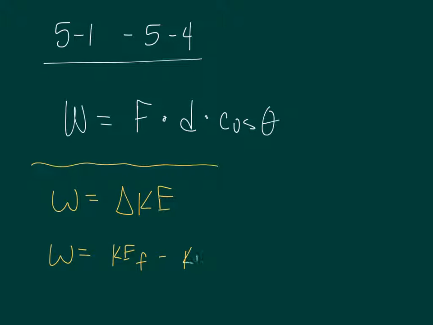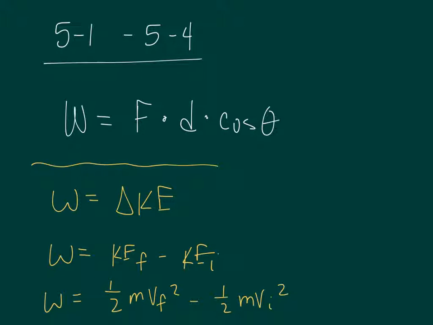Final minus initial is what delta is, KE final minus KE initial. And as Leckham told us, KE is 1/2 mv squared, and this is final minus initial. That's really the formula you're going to utilize, the one at the bottom there.